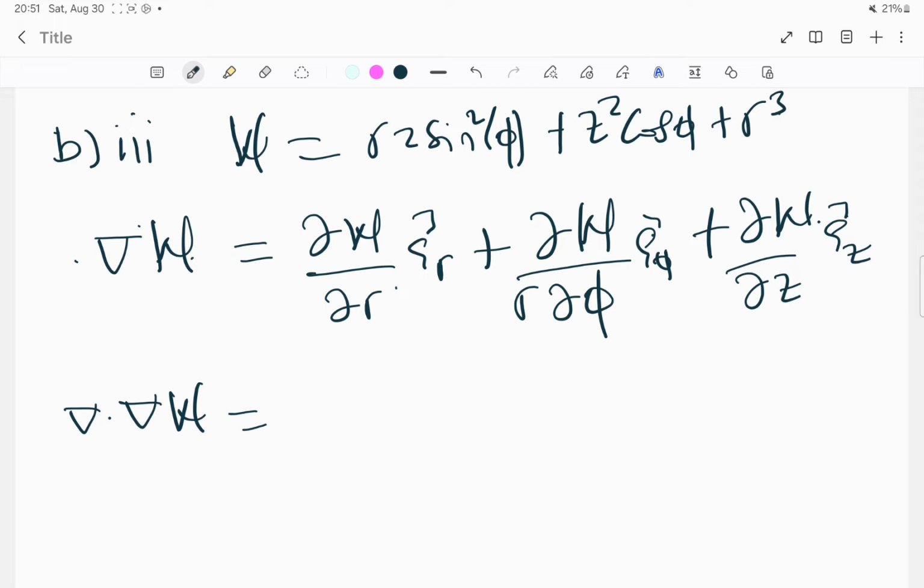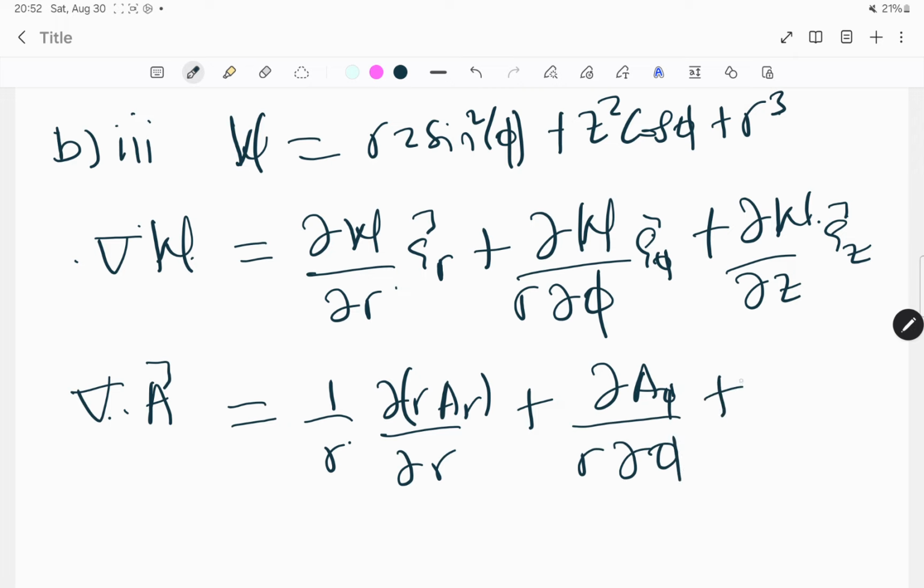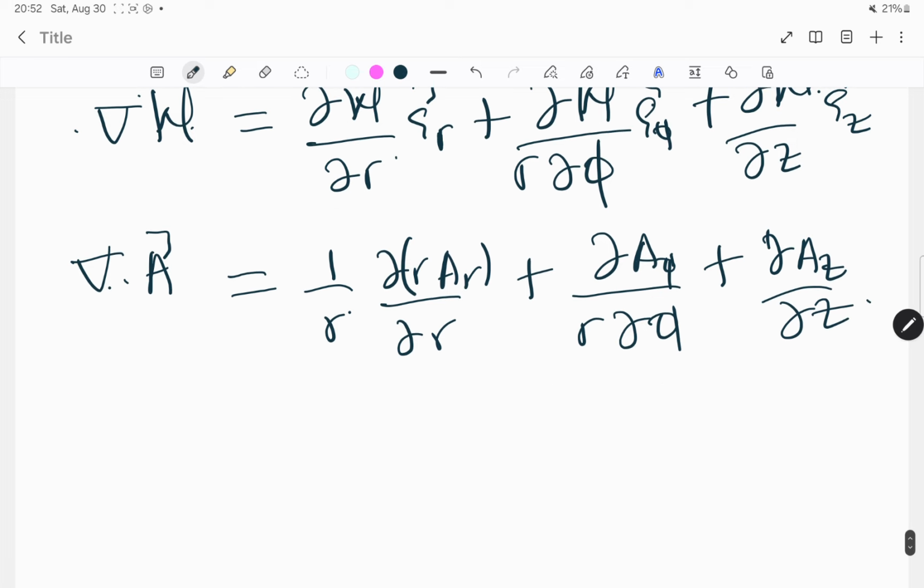When it comes to divergence, the divergence of a vector A is equal to 1 over R d by dR of R AR, plus 1 over R d by d phi of A phi, plus d AZ by dZ.